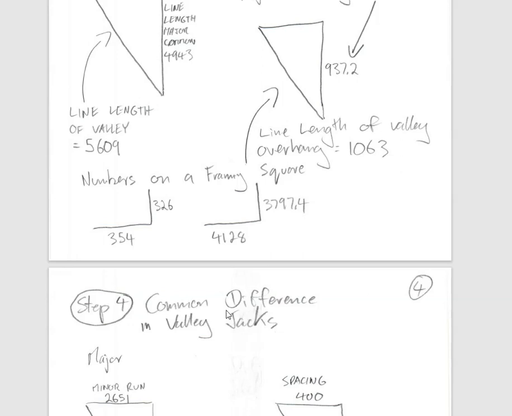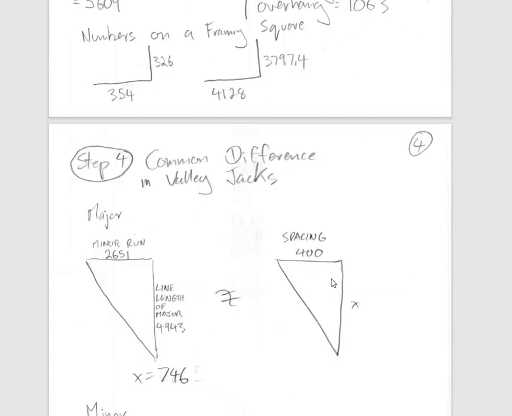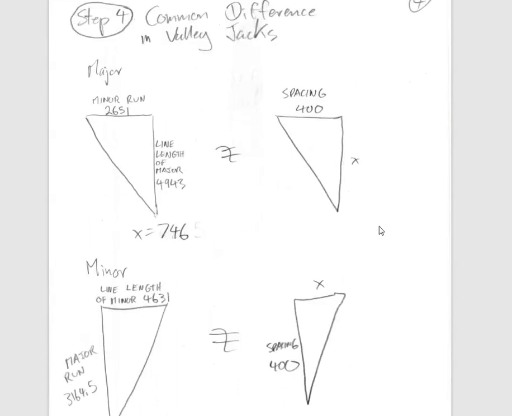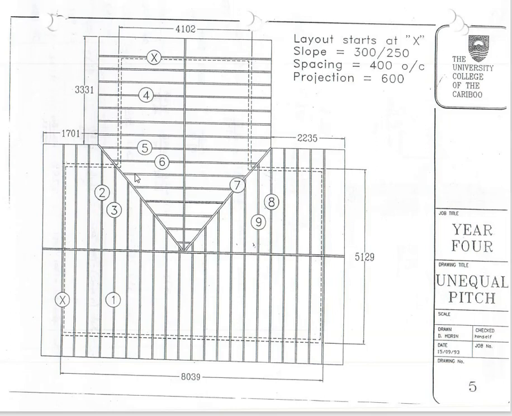Next step suggested here is to figure out the common difference in the valley jacks. So we'll start with the major. And you can see the common difference would be the difference in length as we creep up the valley rafter, and that's what we're calculating here, the common difference in line length of the major rafters.